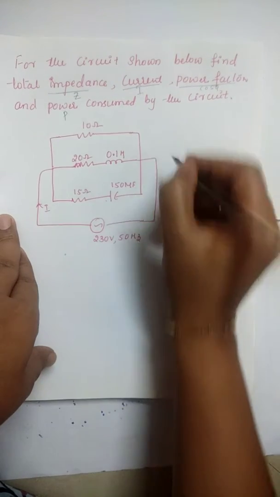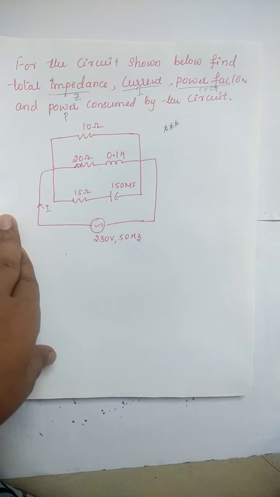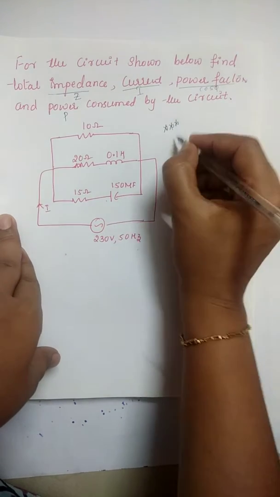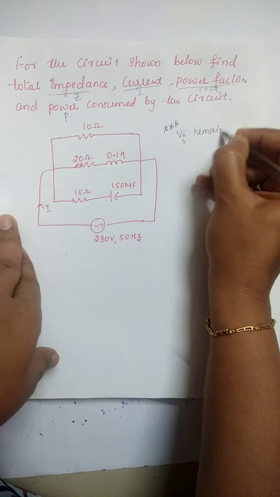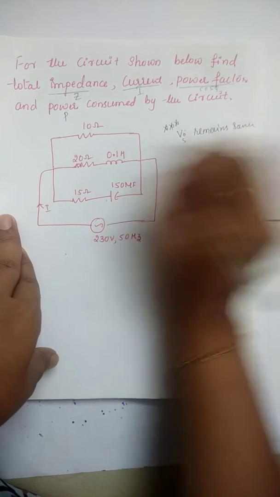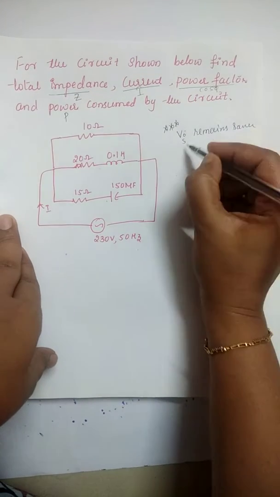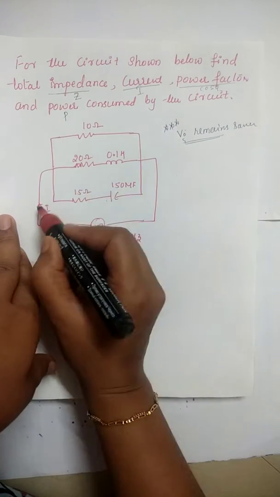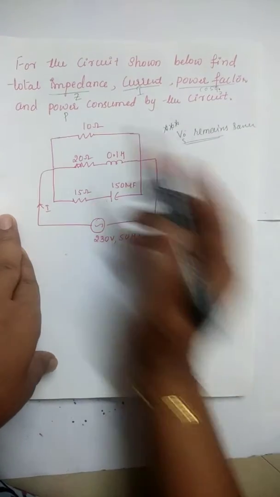Once you say parallel, we are very familiar that the voltage remains the same in all the branches. This thing we know. Now we need to calculate what is Z, what is I, what is cos phi, and what is P.